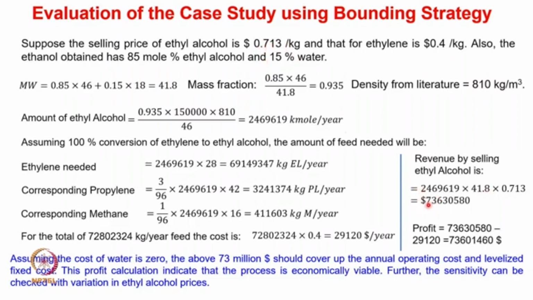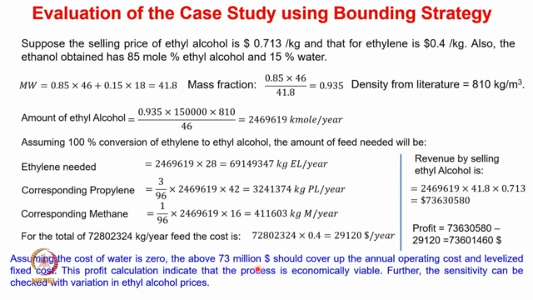So it comes around almost 73 million dollars per year will be the revenue by selling the ethyl alcohol. We can subtract the cost of this raw material, which is nothing but 29,120. So after subtracting, we get almost 73 million dollars as a profit.